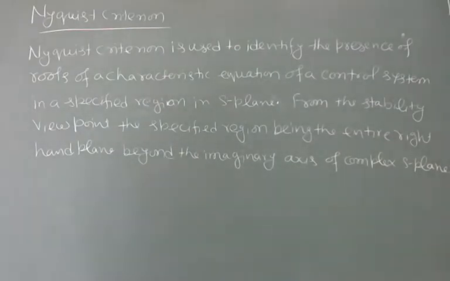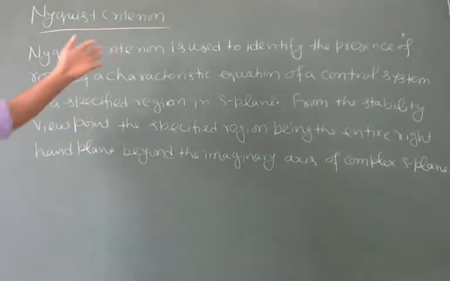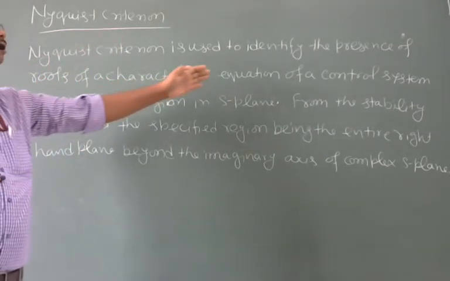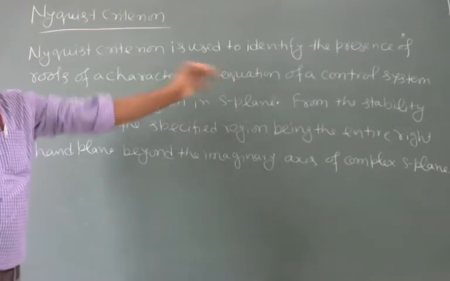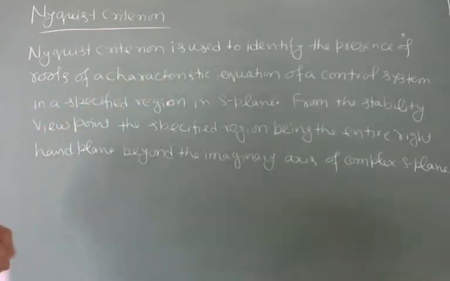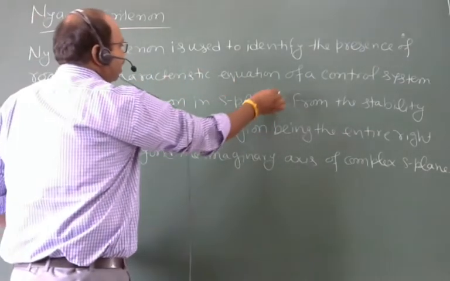So what is Nyquist criteria? Nyquist criteria is used to identify the presence of roots of a characteristic equation of a control system in a specified region in S plane.